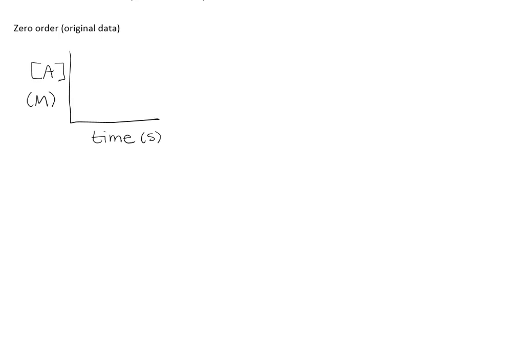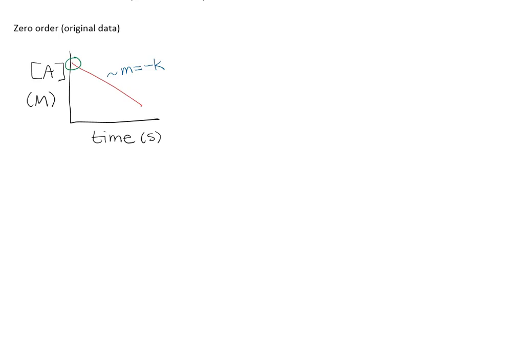For zero order, the linear data will look like this, where the slope is equal to negative k, and k is the rate constant. The y-intercept will always be the original concentration displayed as whatever function we have on the y-axis.